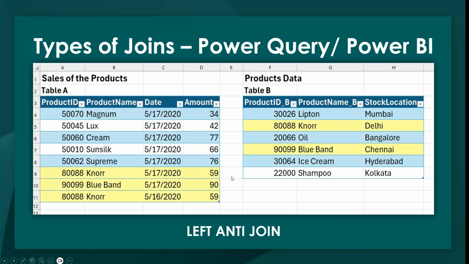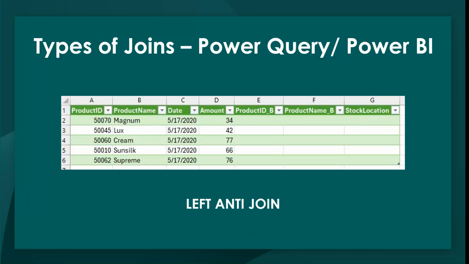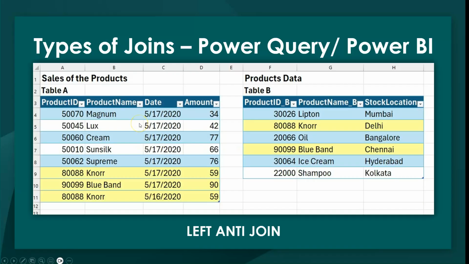The second last join we have is called the left anti-join. Left anti-join means that, for example, again we have two tables and we apply the left anti-join on this. So the output will be all the transactions which are not matching with each other; the matching ones are left out and the remaining transactions are the output, because the transactions which are not matching between the two tables are our output.